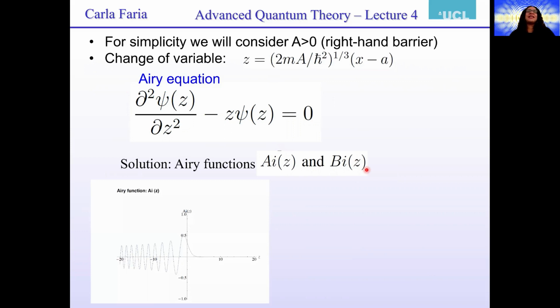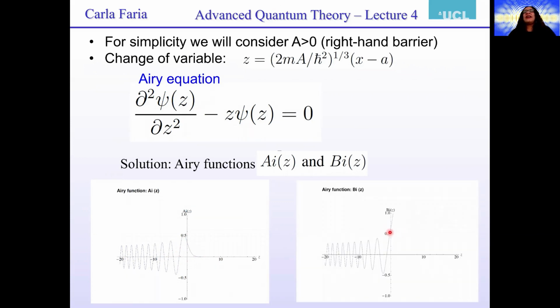They behave like this. So you see that Ai(z) is kind of oscillating and then decays in some regions for z bigger than 0, but oscillates for z smaller than 0.